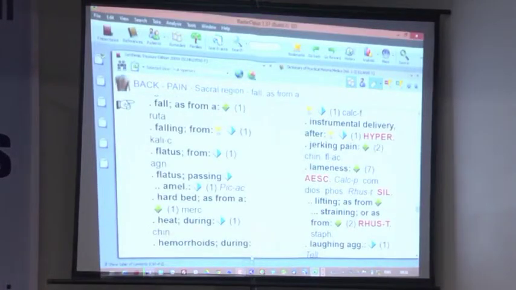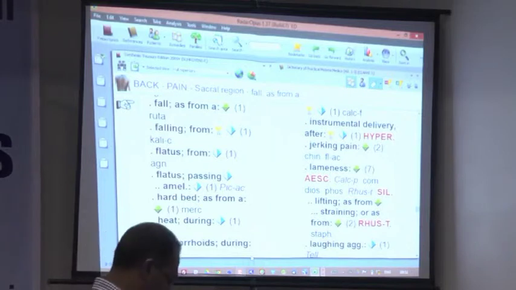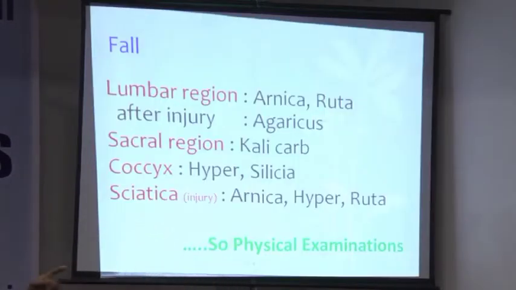But if it is in the sacral region, the remedy is Mollugo. The remedy is Carica. Mollugo, the remedy Carica. So if the fall is on the coccyx, the remedies are again hypericum and silicea.